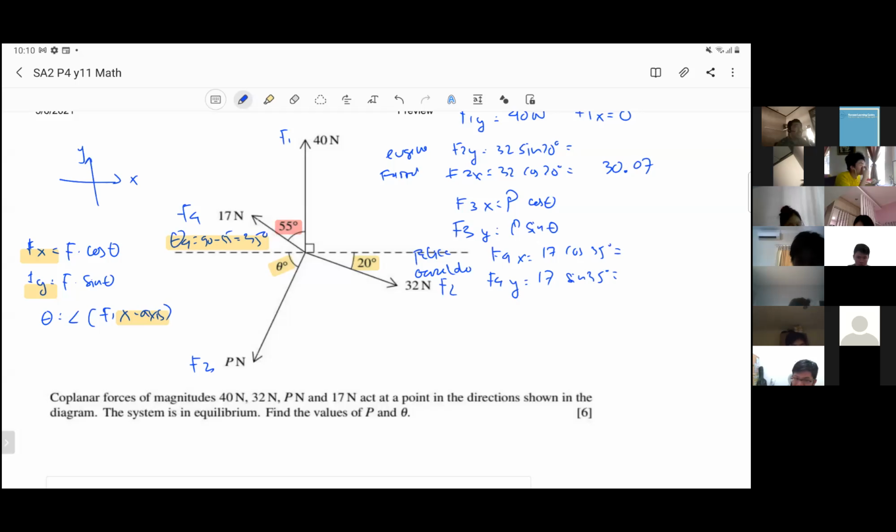Okay, we'll do it alphabetically, E before G. Eugene first. 29.2. You want it in 3 SF, let's say. Oh, sorry, 2 decimal places in this case. Oh, 29.21. Okay, good. Then, Geraldo? 9.75.